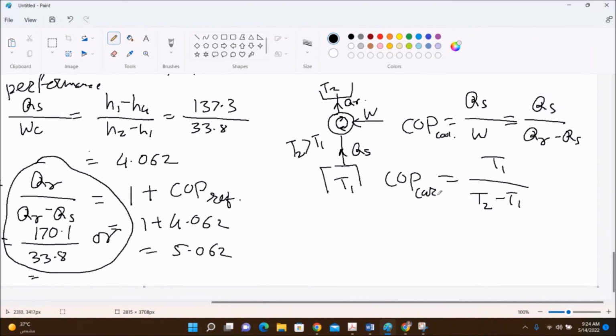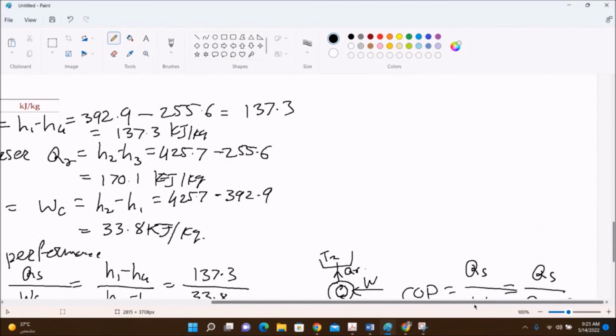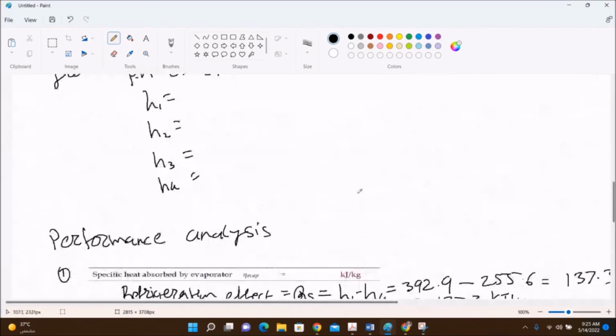So find out COP of Carnot for cooling, which is equal to T1 over T2 minus T1. What is T1? Go back up.